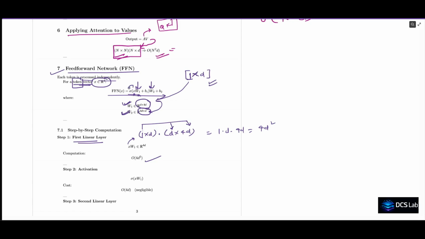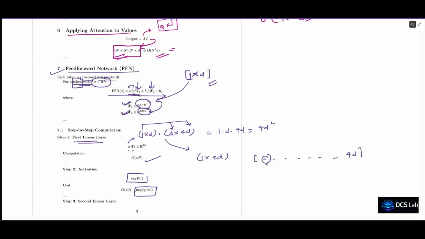But it again moves to the activation function. Now the activation function also has a negligible cost. Why? Because whatever is the dot product of your X with W1, the resultant dimension is 1 cross 4D, isn't it? So you have a row and a total of 4D elements, right?